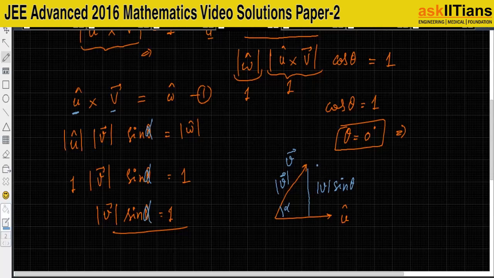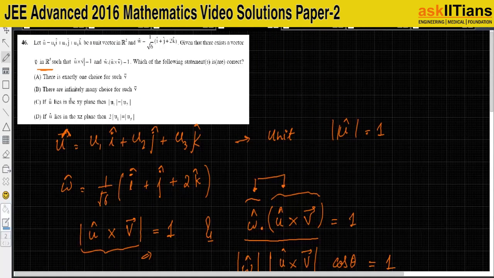If I suppose this point as p, and this distance is 1 unit, I can take infinite points which are at a distance of 1 unit from this unit vector u. p can be here, p can be here, so there are infinitely many points p at a distance of 1 unit from this vector u. That means infinitely many v vectors are possible. So looking at the options, there is exactly one choice for such v, that's wrong.